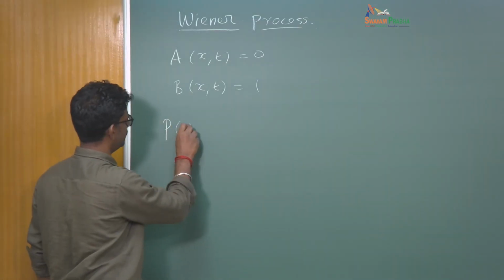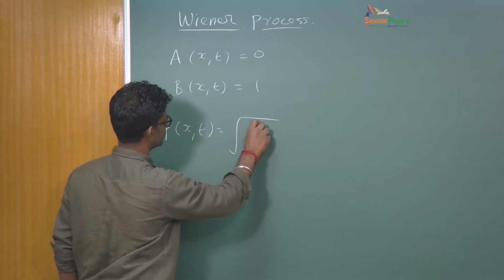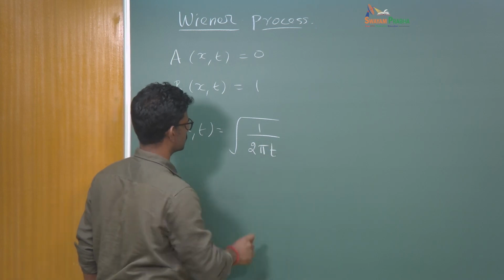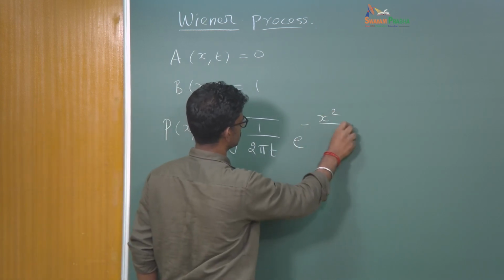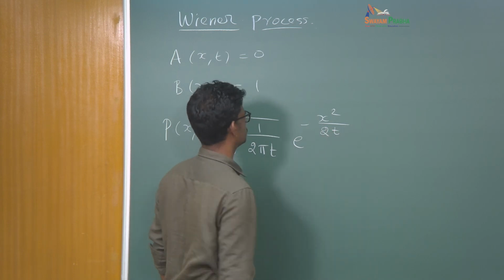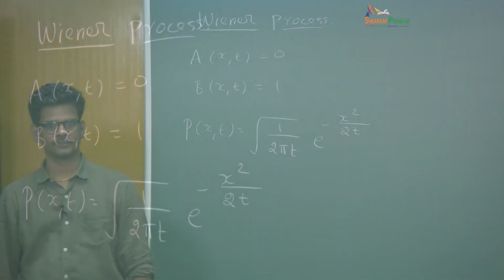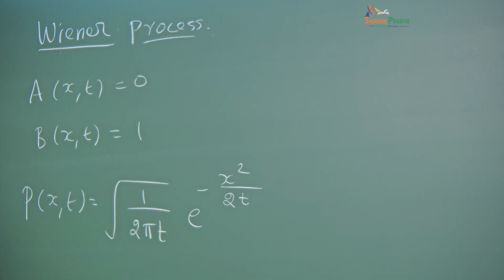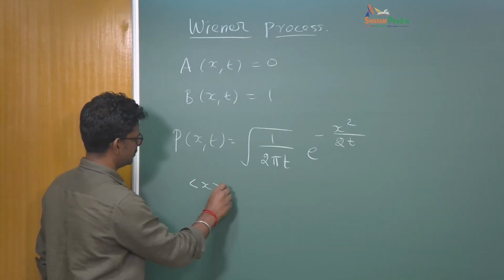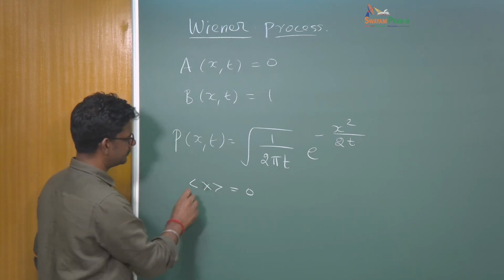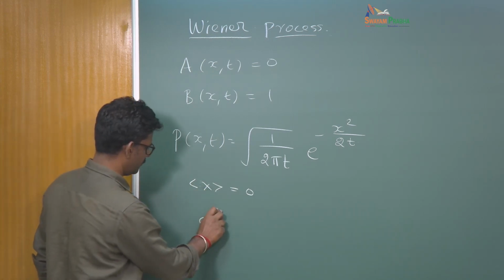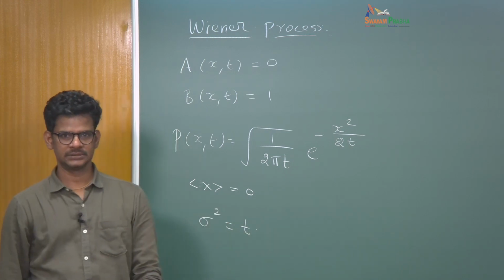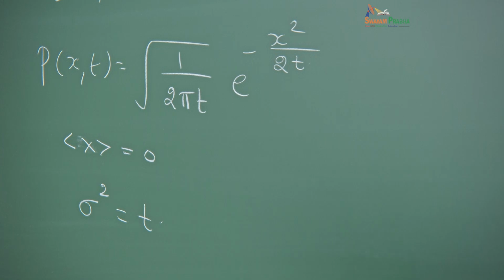Then this yielded the distribution function like this, right? Now, this is basically a Gaussian random variable, right, with the mean of x is 0 and the variance is equal to time t. Okay, so variance actually grows linearly in time t.